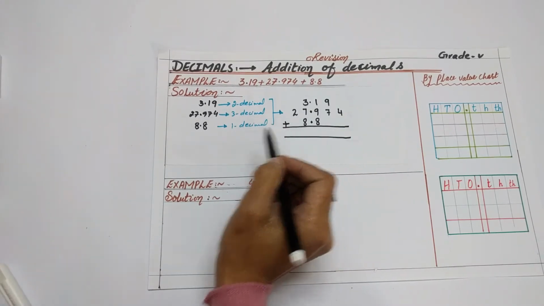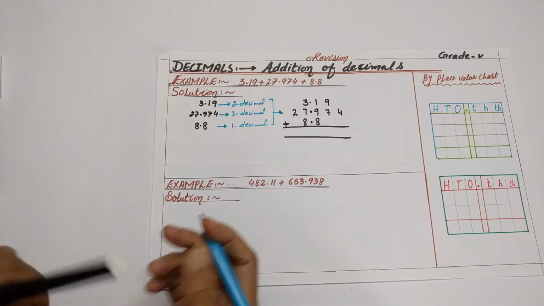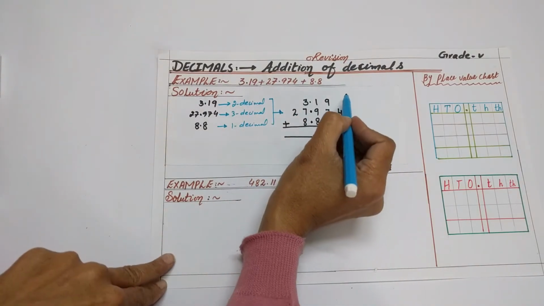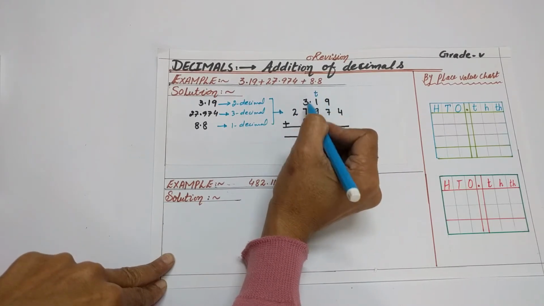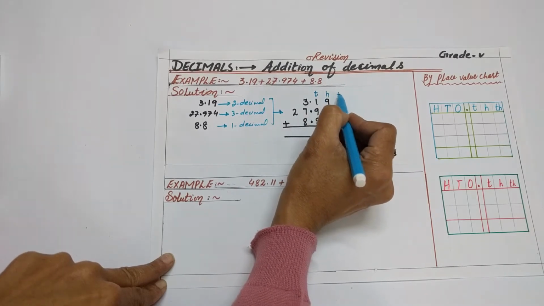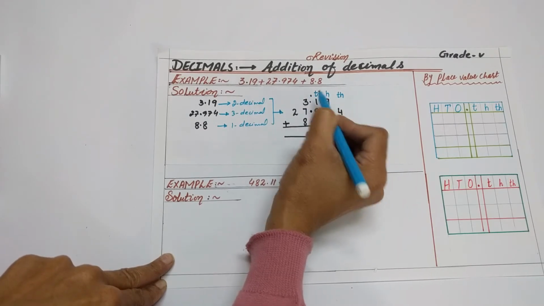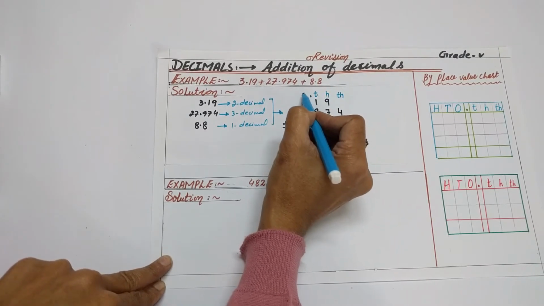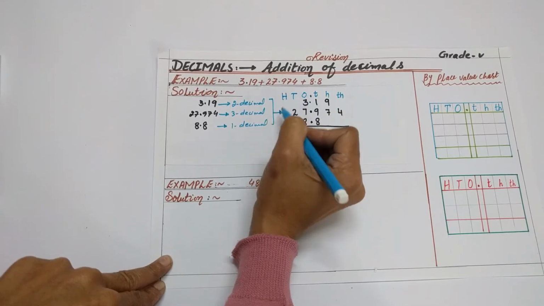From here you can easily check that our numbers are unlike decimals, because according to the places, on the right side of the decimal we have the tenths place, then the hundredths place, and then the thousandths place. And on the left side of the decimal we have ones, tens and hundreds.